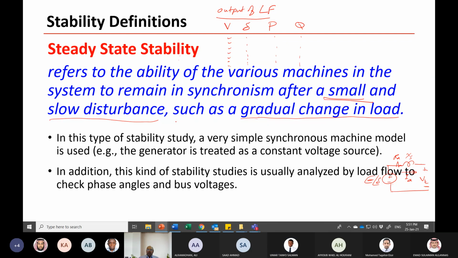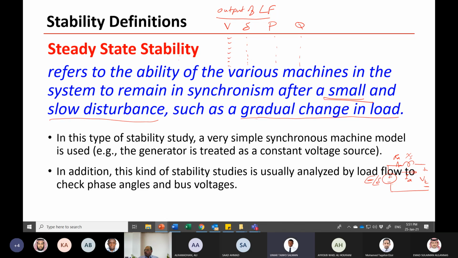Not only that, but you can also judge whether the system is strongly stable or close to instability, and how far you are from the limit of stability. From where can we extract such information, if you have such output?